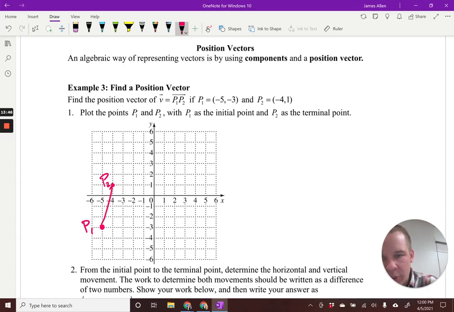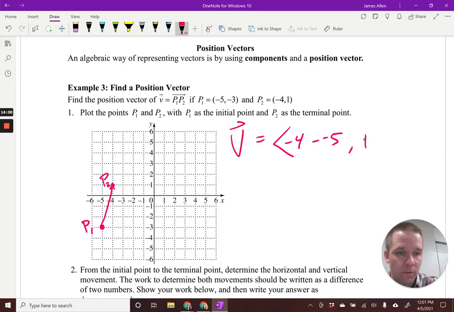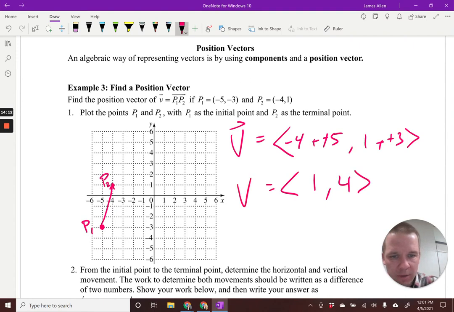So if I draw that out, now, if we want to work it out, we would have our x2, which would be -4, minus -5, comma, and then y2, 1 minus -3. That's going to be, it's positive now, so it's going to be 1, comma, and then 4. So that would be our component form, or our position vector.